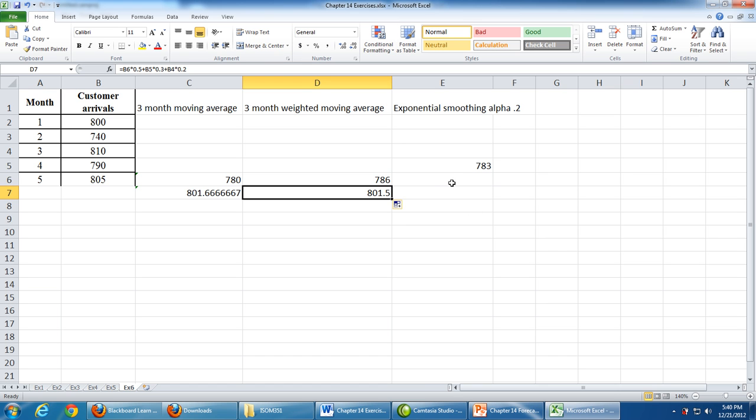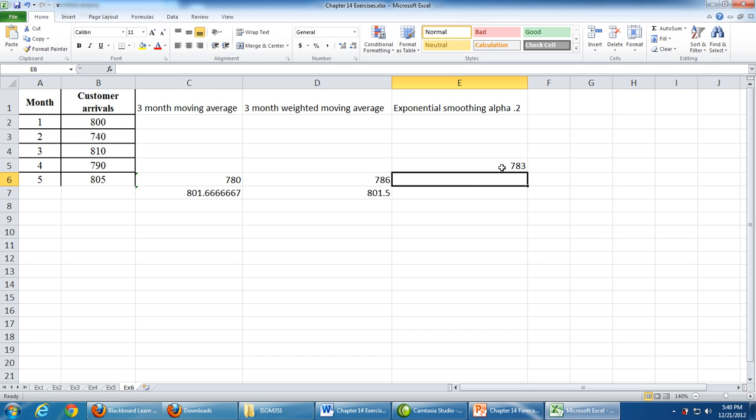Next we are going to do exponential smoothing using F4 as 784. So in order to forecast for 5, we take the demand of 4. First, take alpha 0.2 times D4 plus 1 minus alpha times F4.